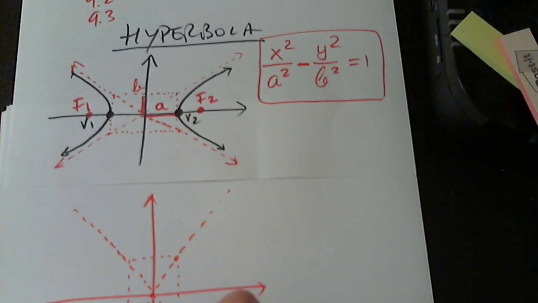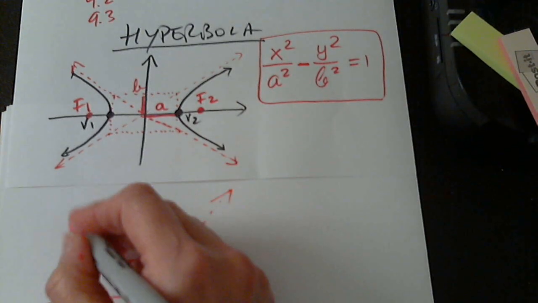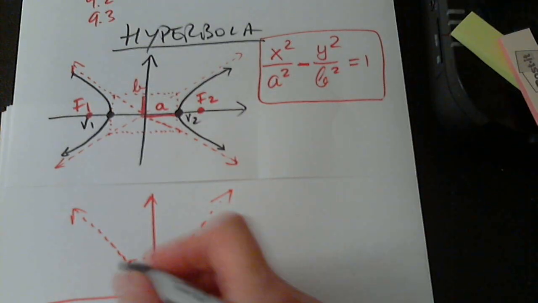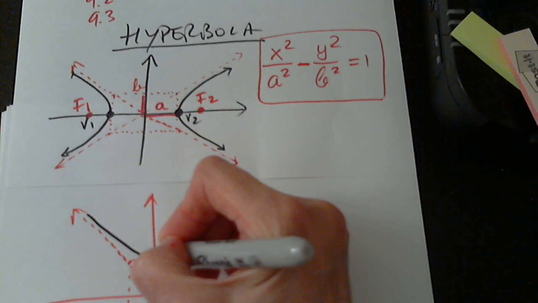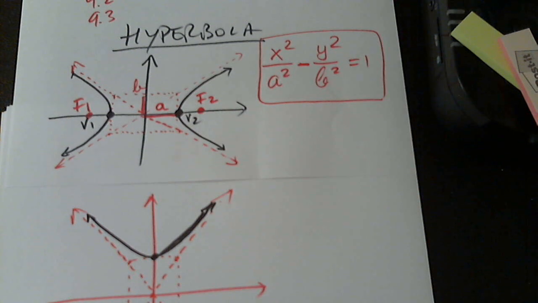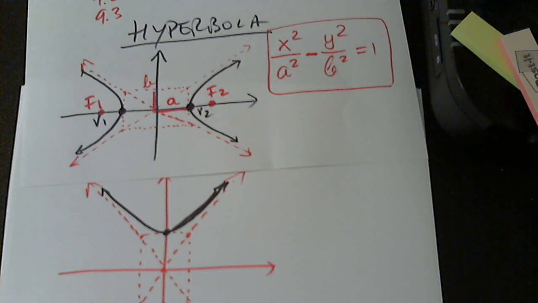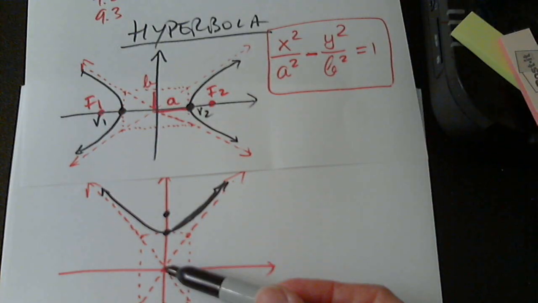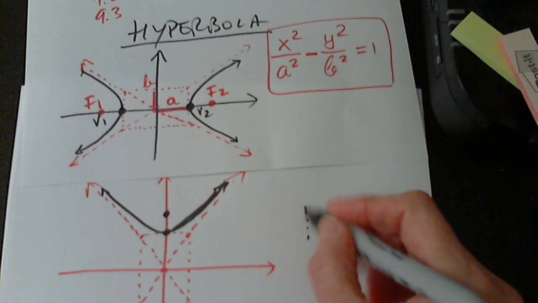And these are asymptotes. In this case, this is the vertex, and this is the other vertex right here on the box. Then it asymptotically approaches the asymptote, not like a straight line, of course. The foci are somewhere here and here: F2, V2, the center.